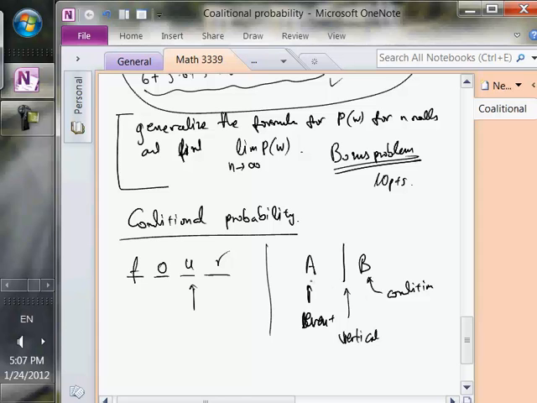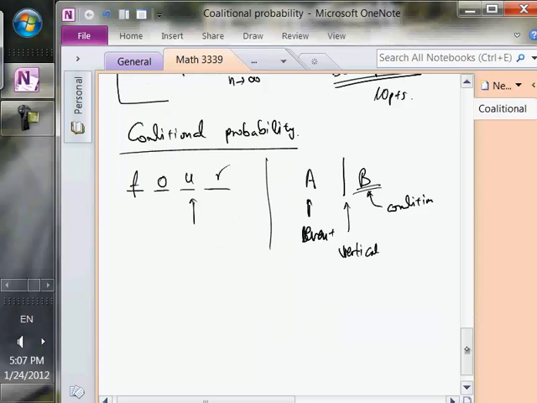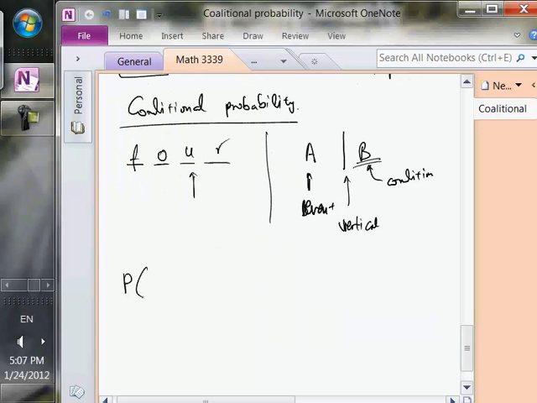So A occurs under condition B. That's my notation. And what we call conditional probability of A given B is the probability of A intersection B divided by the probability of the condition.